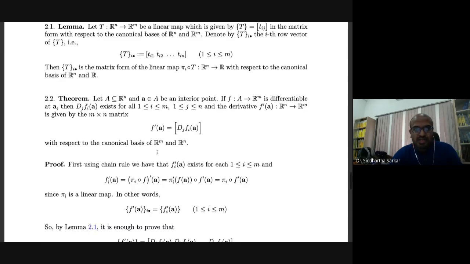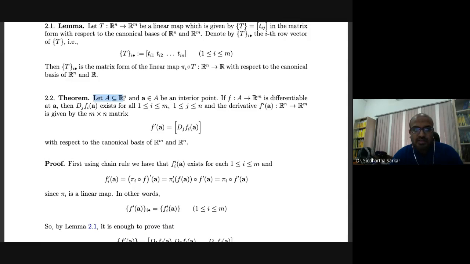So this theorem says if you start with a subset of Rn, and again you have to take an interior point because you want to guarantee the differentiability. Let's say your function is differentiable at A, then it guarantees that all the partial derivatives of these component functions fi at A exist.